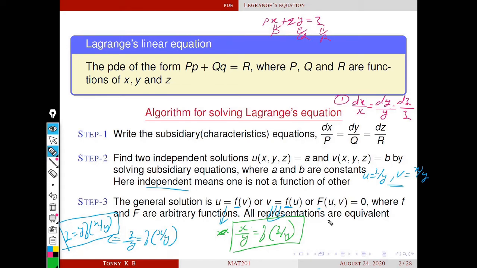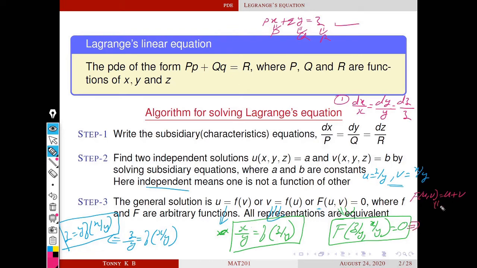The final form of the representation of this general solution is f of u, v equal to 0. That means you write simply f of z by y, comma x by y, equal to 0. Here also f is an arbitrary function. For example, we choose f of u, v as u plus v. Then what is the solution corresponding to this choice of f?